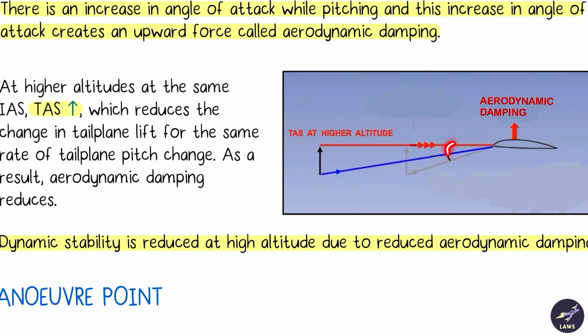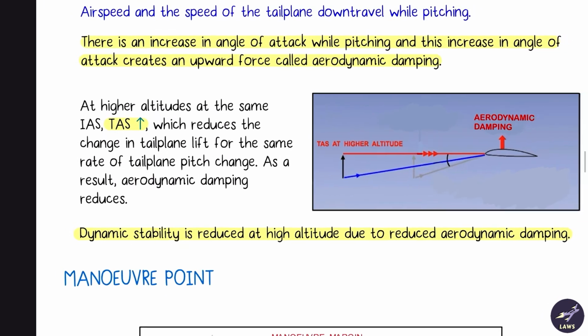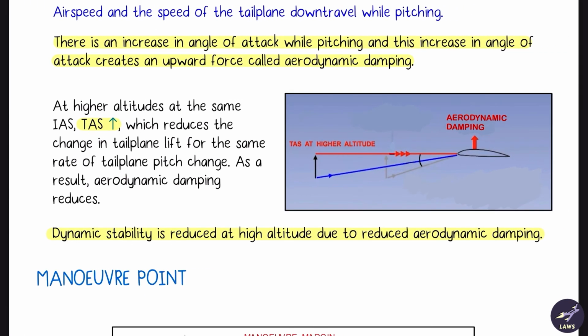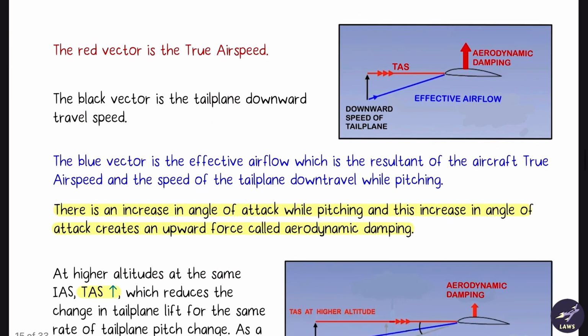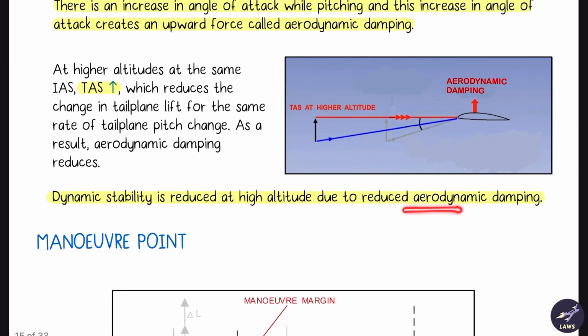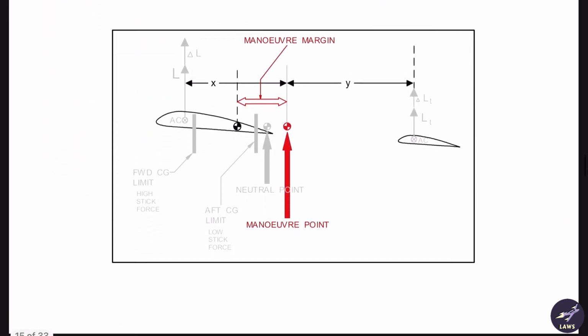As you can see, the angle of attack has reduced as compared to earlier. So we could say aerodynamic damping is reduced at higher altitude. The stability we were getting from aerodynamic damping, which was opposing the aircraft's upward movement, is reduced at high altitude, so basically stability is reduced in this case.